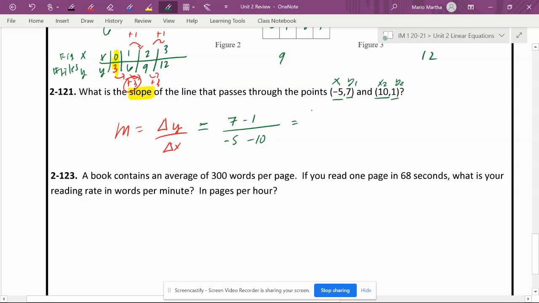So that's 7 minus 1 is +6 divided by -5 plus -10, right? Because you add them when you have two negatives. So that would be -15. And if you simplify the fraction, you get 3 over -5, or just -3/5. So that would be pretty much our slope, -3 over 5.